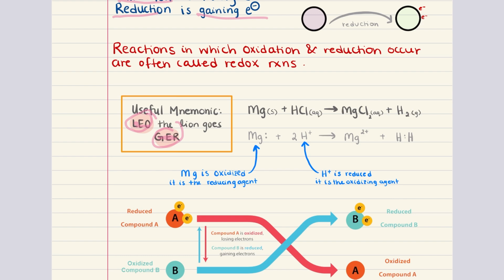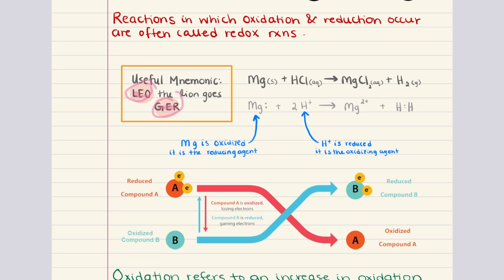In every redox reaction, there is always an electron donor and an electron acceptor. The reducing agent is going to be the species that donates electrons, meaning it undergoes oxidation, while the oxidizing agent is the species that accepts electrons and is therefore reduced in the process.